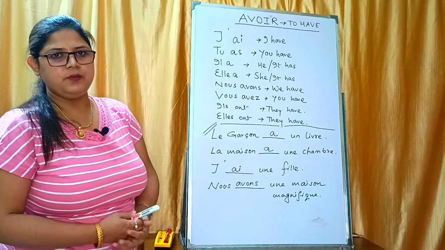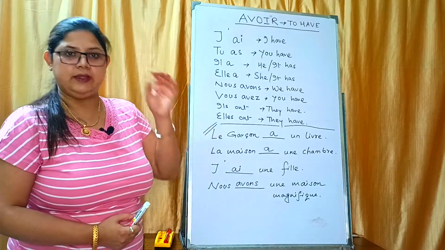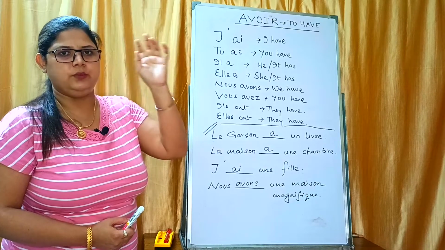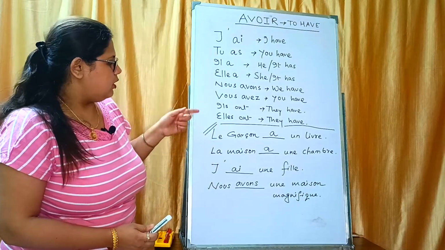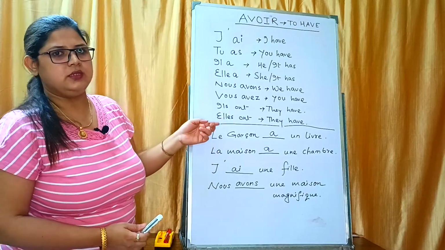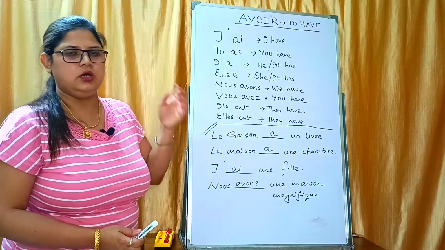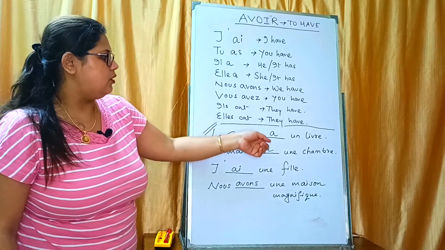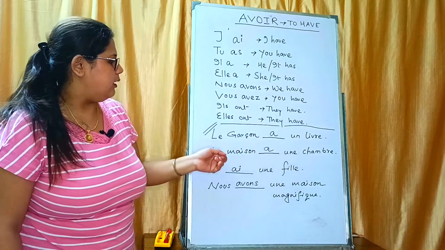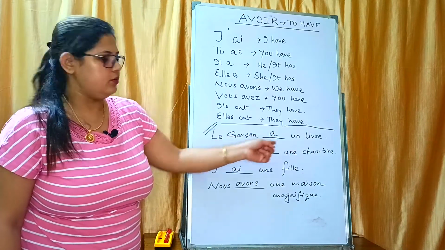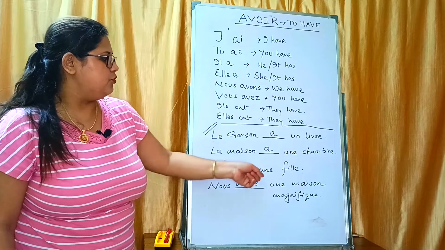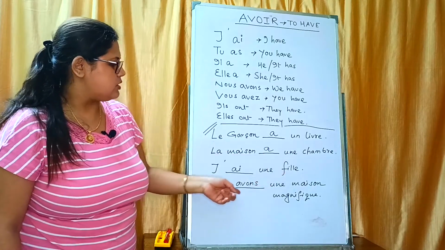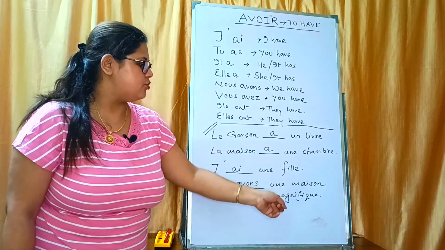It's very simple, as it is with the être verb, which I already taught you in the previous class. I'm just repeating the examples once again so that it will be better understood for you. Le garçon a un livre, la maison a une chambre, j'ai une fille, nous avons une maison magnifique.